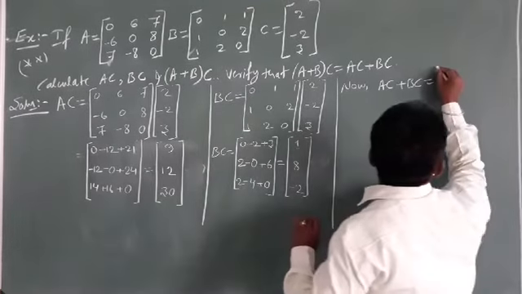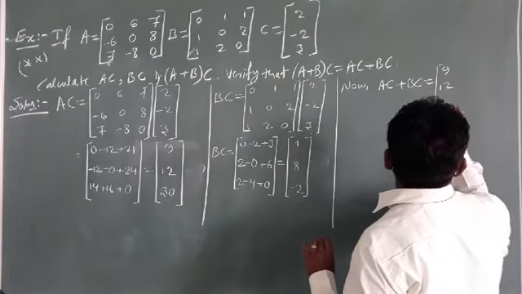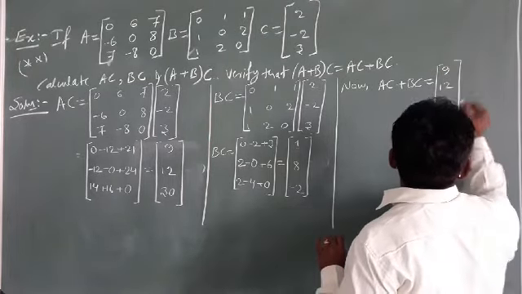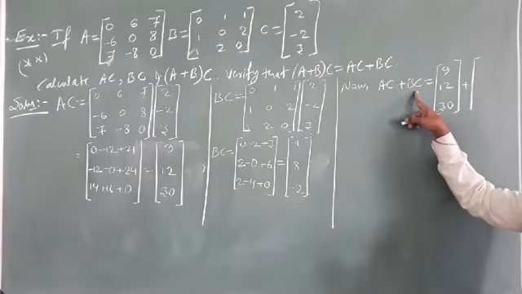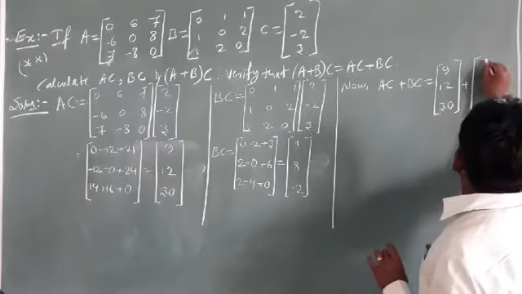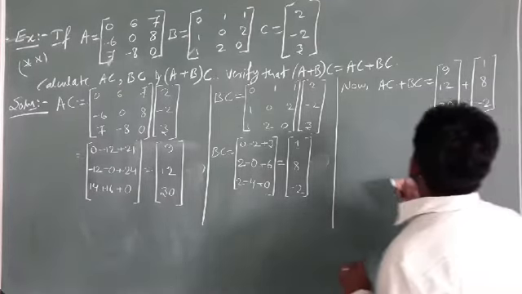The column matrix 9, 12, 30, plus the product BC, which is the column matrix 1, 8, minus 2. So what is the result, students?